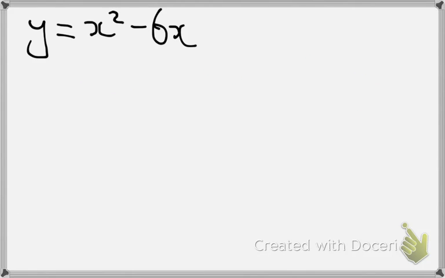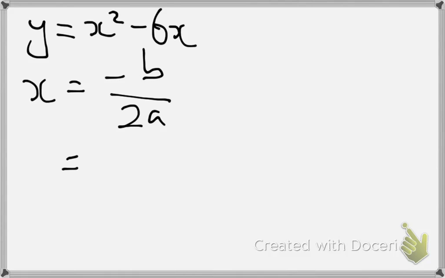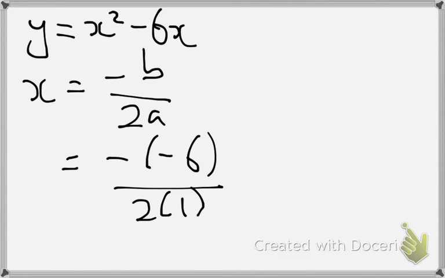And lastly, I need to find my vertex. So I use my equation, x equals minus b on 2a, which is minus 6 on 2 times 1, which is 6 on 2, or 3.